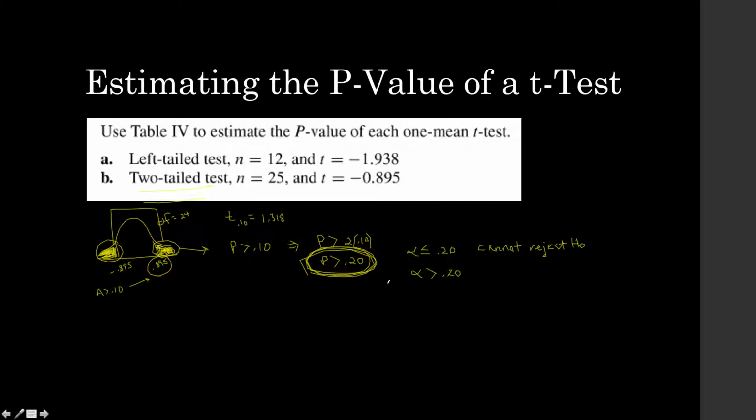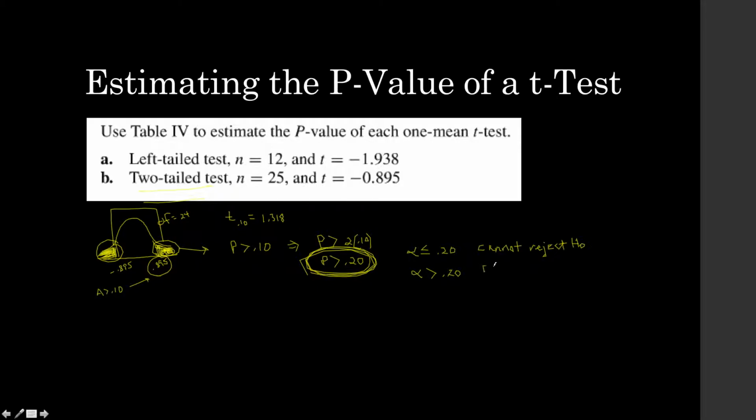We could decide on the other one because alpha would be less than this interval no matter what we selected. That's why we cannot reject. But as far as this, alpha might be less than P, it might not. It just depends what P is.